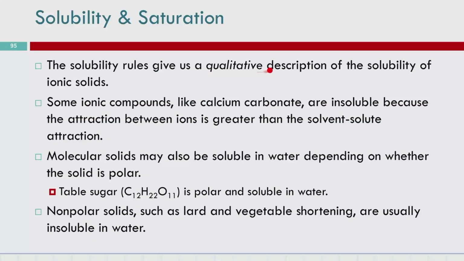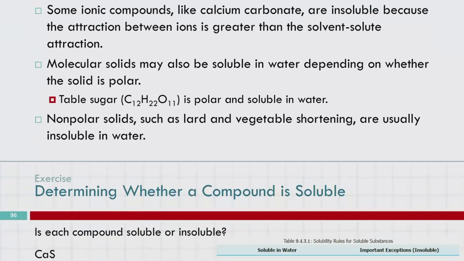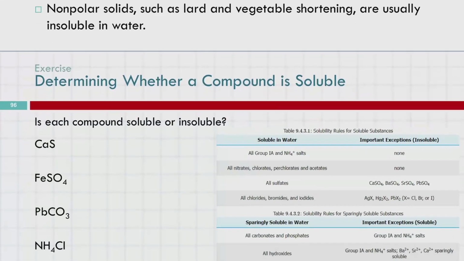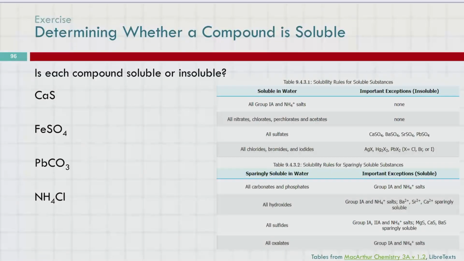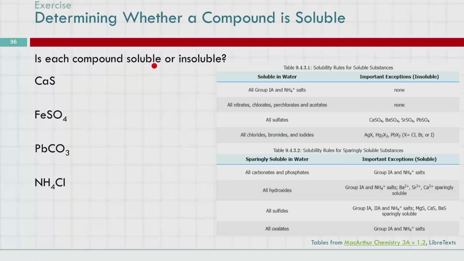Our solubility rules are a qualitative description. It's not going to tell us how much will dissolve or how little will dissolve. It just says, yes, it dissolves, or no, it doesn't dissolve. So we want to read through our table and figure out whether each of these compounds is soluble or insoluble.